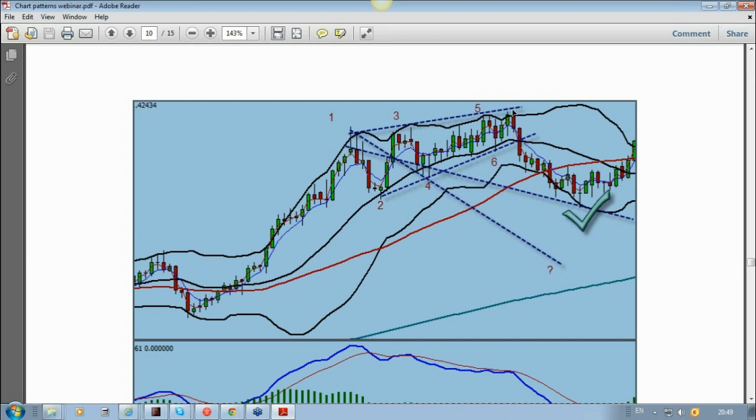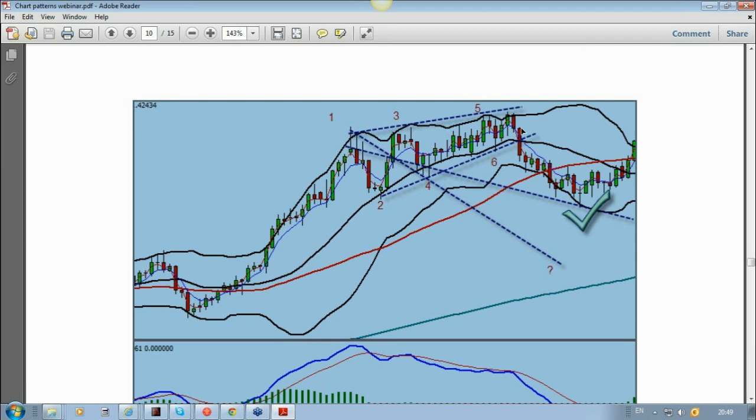The entry is with a break. Stop loss is above the candle that breaks. Okay? Risk reward must be at least 1 to 1.5.